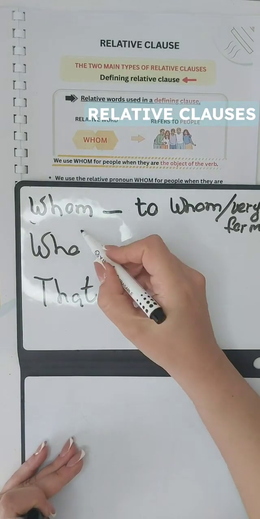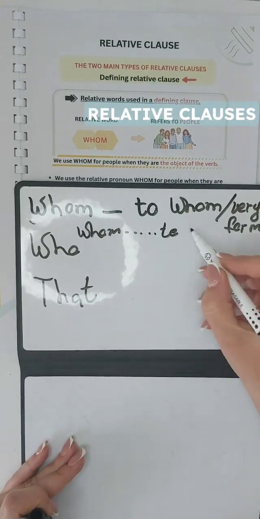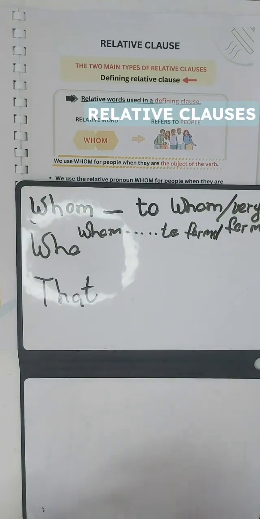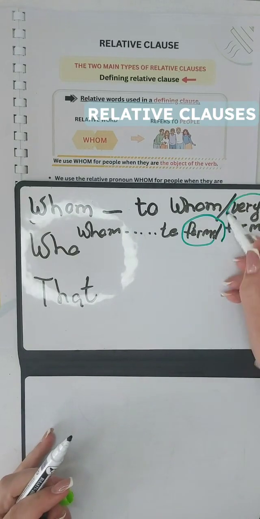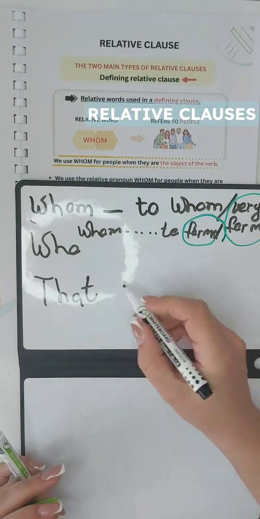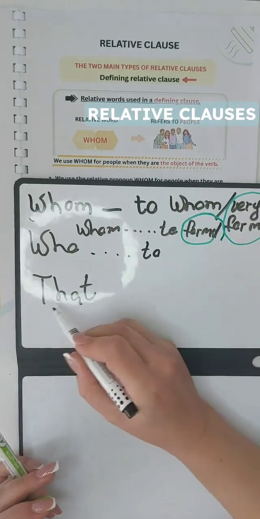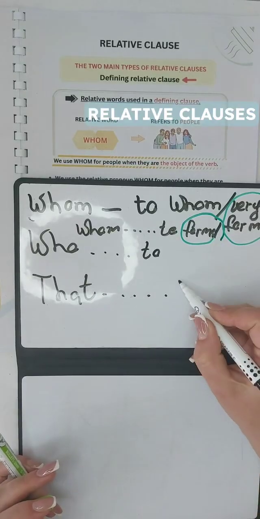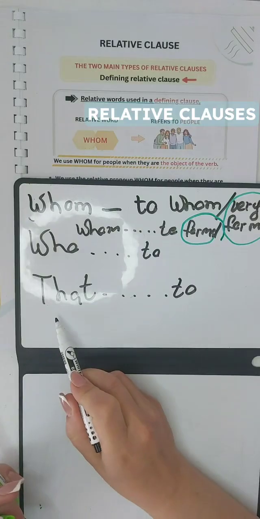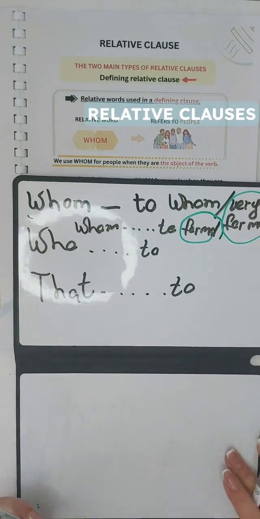If we use whom and then to, it's just formal. If we use who, we should put the preposition to at the end. The same goes with that at the end. First comes who, first comes that, and then we have the preposition.